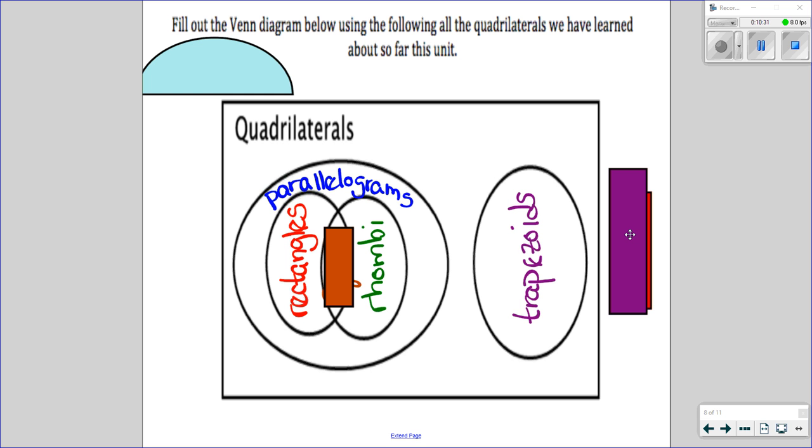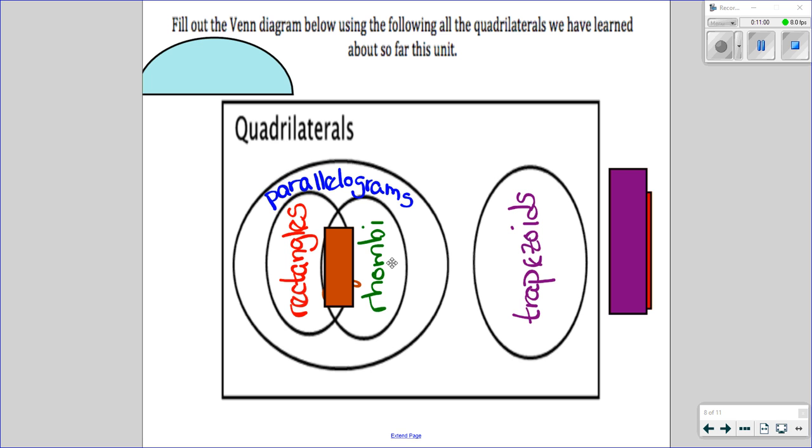Basically, in a parallelogram, you have two pairs of congruent sides, two pairs of parallel sides, and their diagonals bisect each other. So a rectangle carries some of the characteristics of a parallelogram, and a rhombus also does the same.